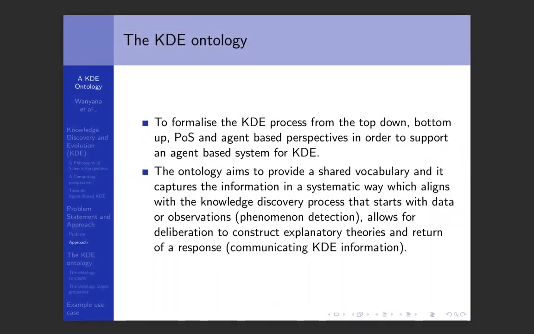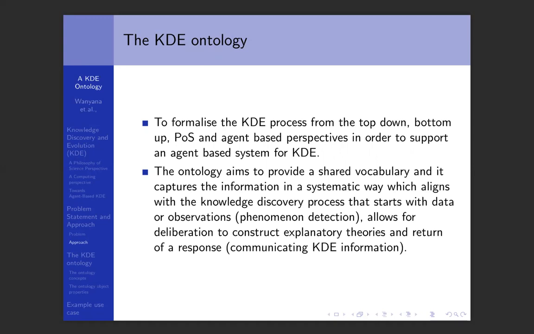So to solve this problem, we designed a KDE ontology. Its aim is to formalize the KDE process from a top-down, bottom-up philosophy of science and agent-based perspective in order to support an agent-based system for KDE.